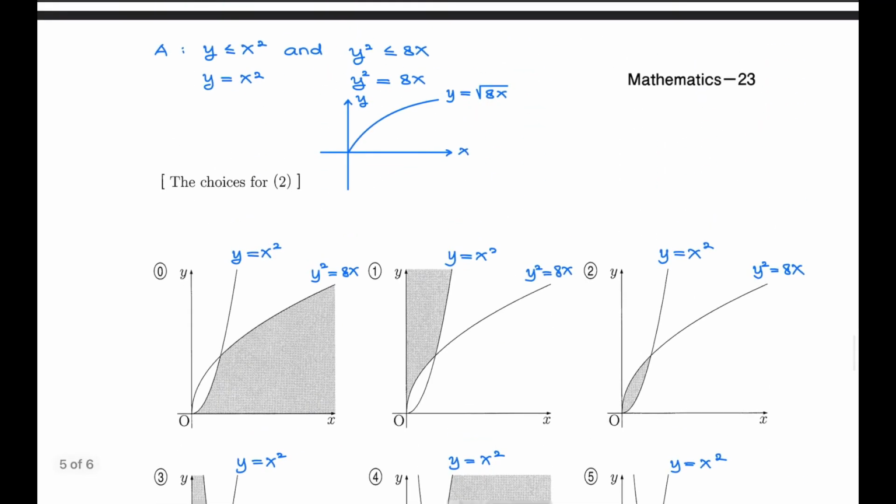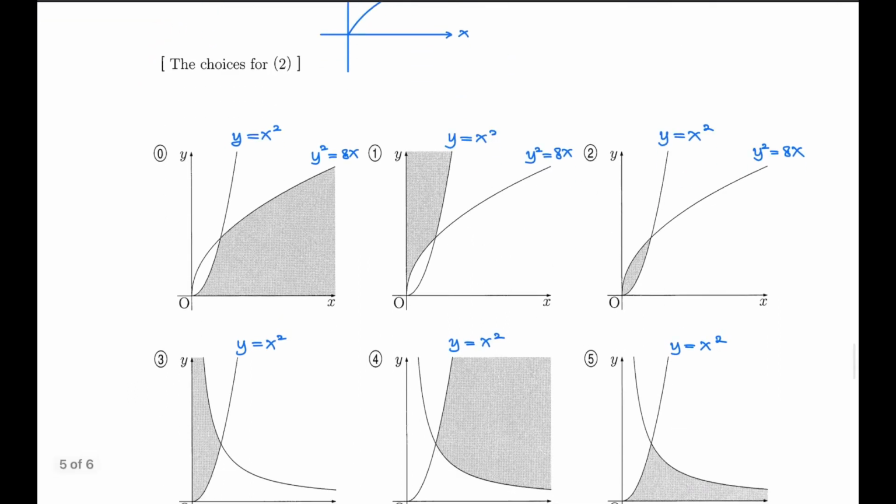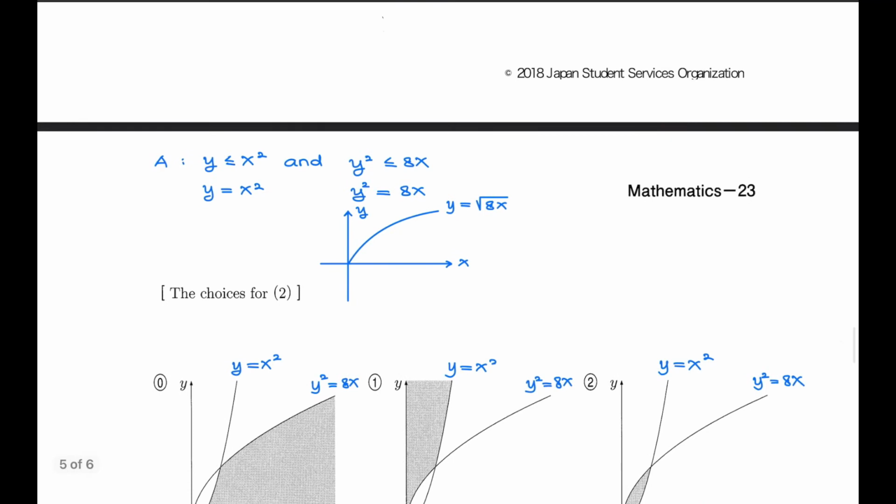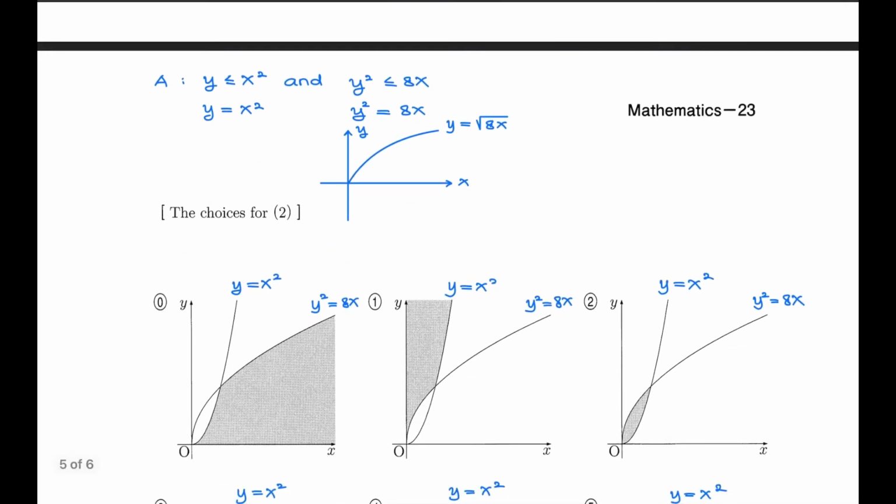Since I want to find the set of (x, y) represented by A, the correct answer is among 0 until 2: 0, 1, or 2. Now, how do we find the shaded region?